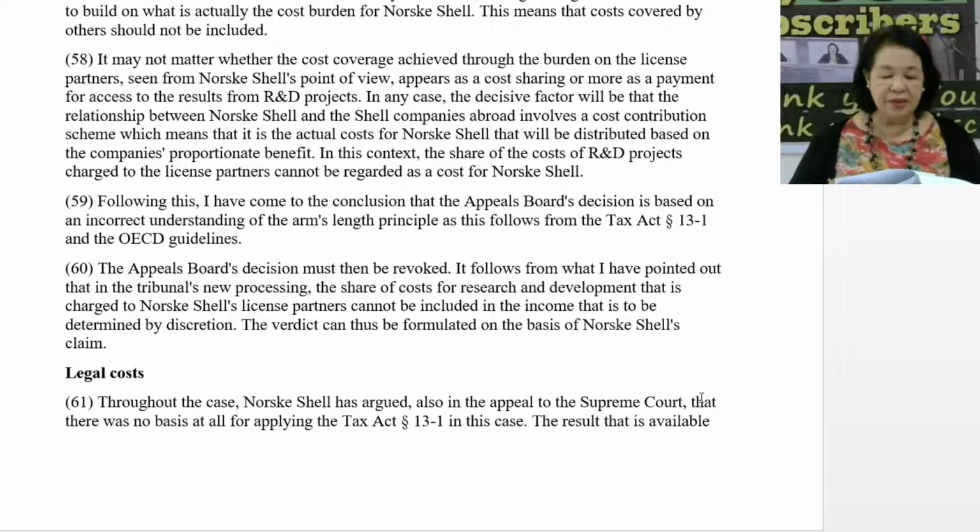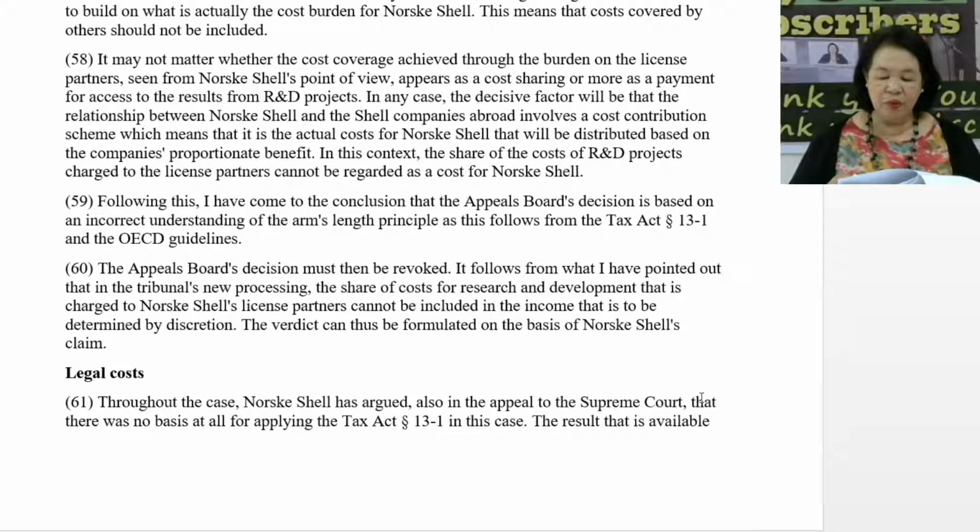So following this, the conclusion, the appeals board decision is based on an incorrect understanding in the arm's length principle as this follows from the Tax Act, Section 13-1 and the OECD guidelines. The appeals board decision must then be revoked. No?